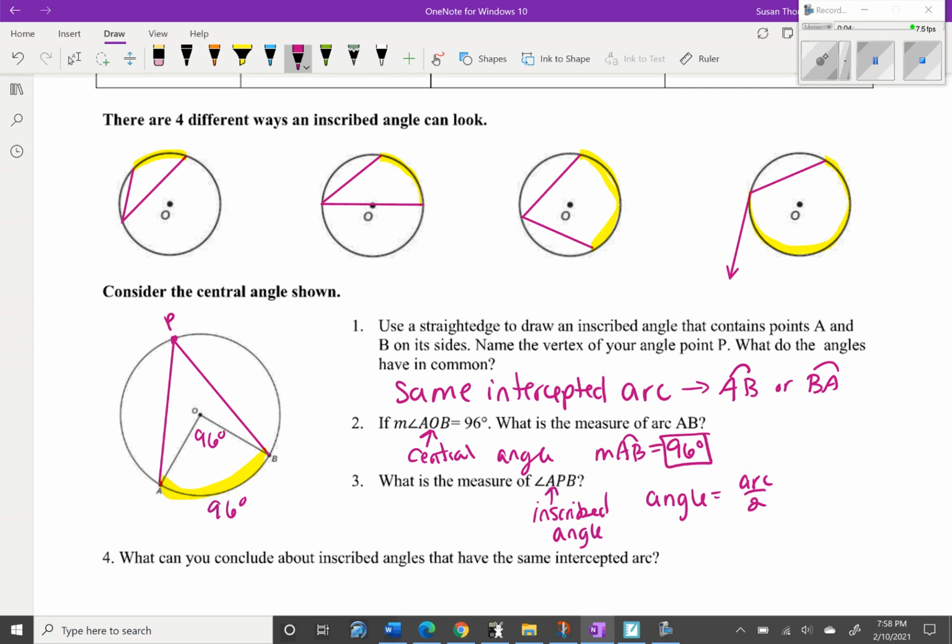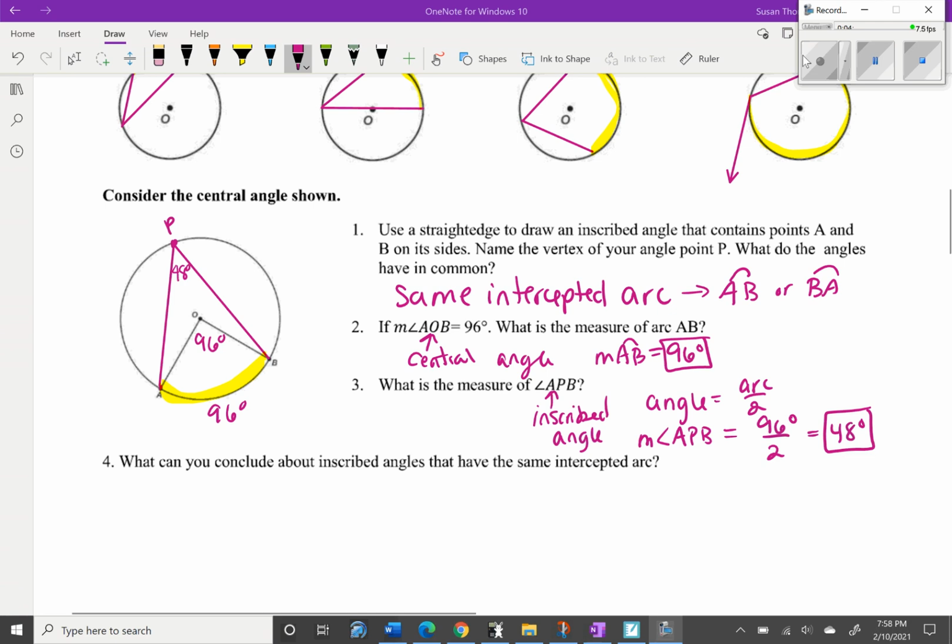So in this case, the measure of angle APB is equal to the arc, which is 96 degrees divided by 2. So 96 divided by 2 is 48 degrees. So that means that this measure would be 48 degrees.